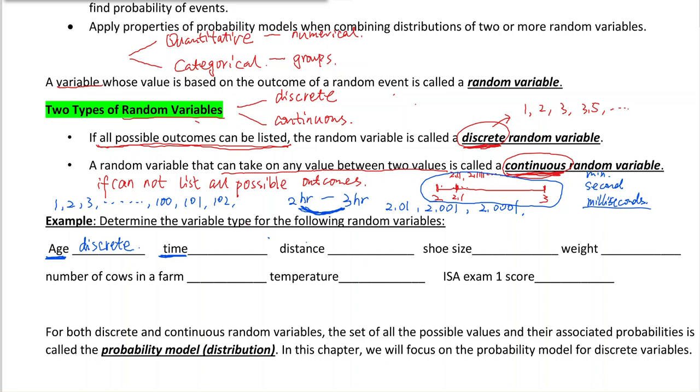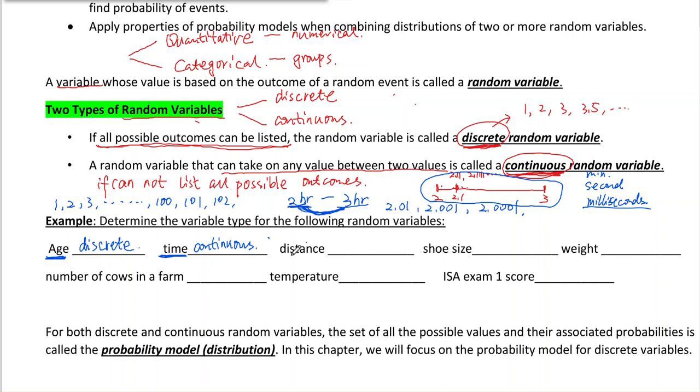As long as you want the time as accurate as possible, you can have many decimals, so you cannot list all possible outcomes between 2 hours and 3 hours. So this time will be continuous. You cannot list all possible outcomes in a range.